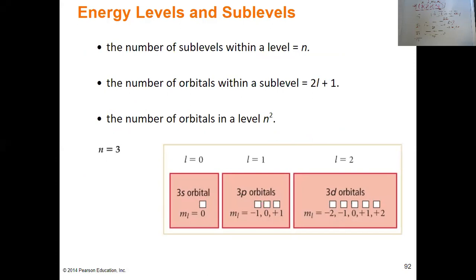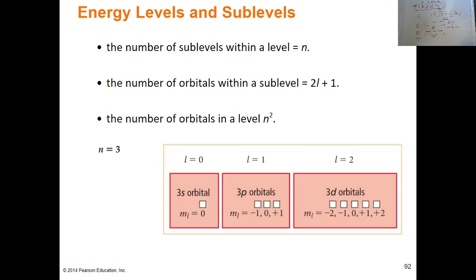For example, if n equals 1, you're only going to have 1 sublevel available, the S sublevel. If n equals 2, you're going to have 2 sublevels available, your S sublevel and your P sublevel. If n equals 3, you'll have 3 sublevels available, S, P, and D, and it'll keep going on like that.